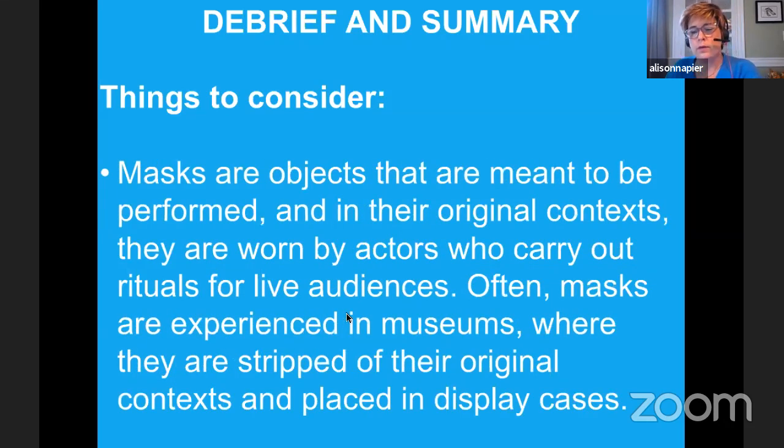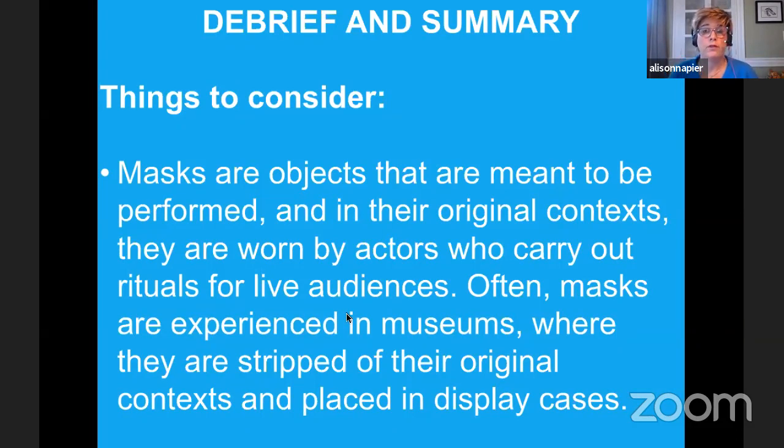One of the things that I always like to drive home is that masks are meant to be performed. When we see them in museums, we are seeing them devoid of their original context. The intention for which they were created is not being fulfilled. These items were taken through processes of colonialism and taken out of living performance and put into a very static setting that doesn't always tell us the whole story.